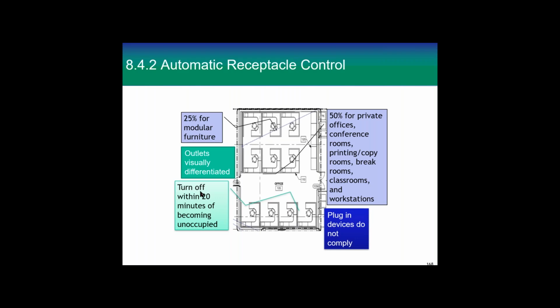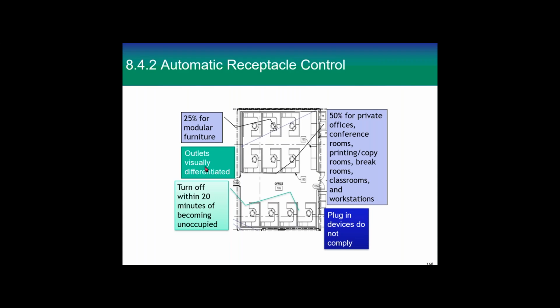So the main thing it says is that when the lighting controls say that this place is unoccupied, within 20 minutes of becoming unoccupied, half of the plugs will go off. So 50% of the plugs for private offices, conference rooms, printing and copy rooms, break rooms, classrooms, and workstations.